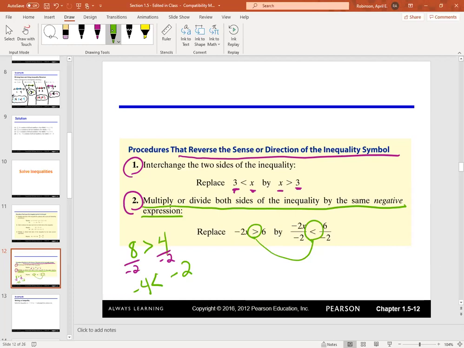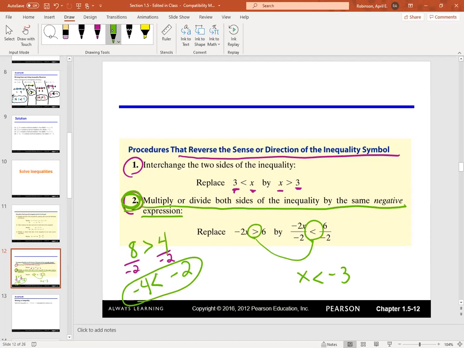I can see it there because it's just nothing but numbers, but over here I'd have x is less than -3 when I do the division. You don't really see it because of the x, but here I can see, yeah, -4, that's not greater than -2. And I'd be like, oh yeah, I forgot to reverse the sign. So unfortunately, number 2 is something you're going to have to remember to do.